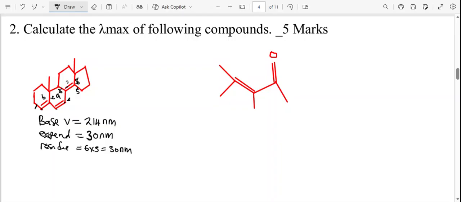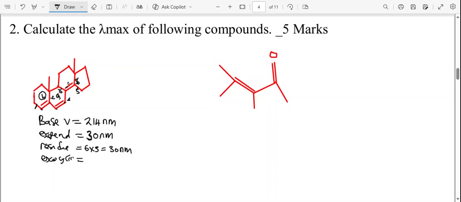It's extending the conjugation, but it's outside the ring. So we have an exocyclic bond here, 1. This one is extending the conjugation to this bond, but this one is not extending any conjugation, as you have seen. So this means that we have 2 exocyclic bonds, because at B there's also an extending conjugation from A.